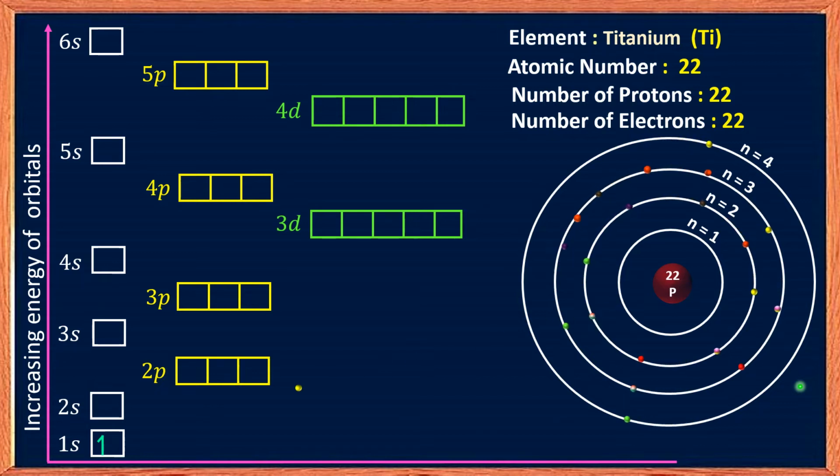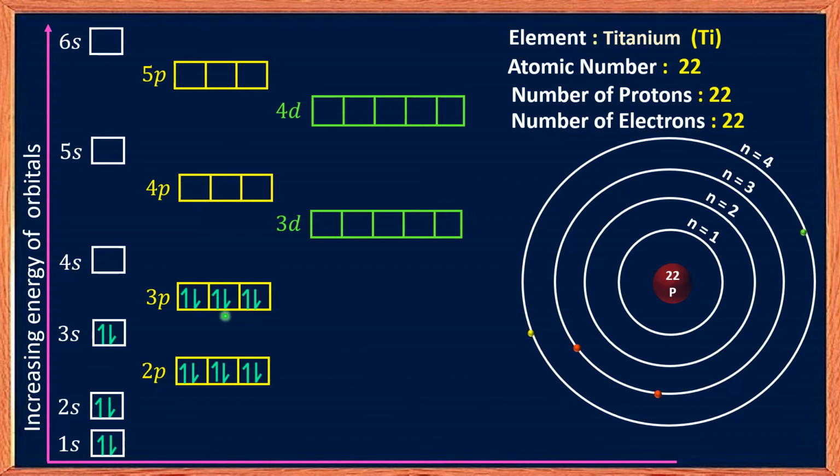First electron, second electron, 3, 4, 5, 6, seventh electron, 8, 9, 10, 11th electron, 12th electron, 13, 14, 15, 16, 17th electron, 18th electron.